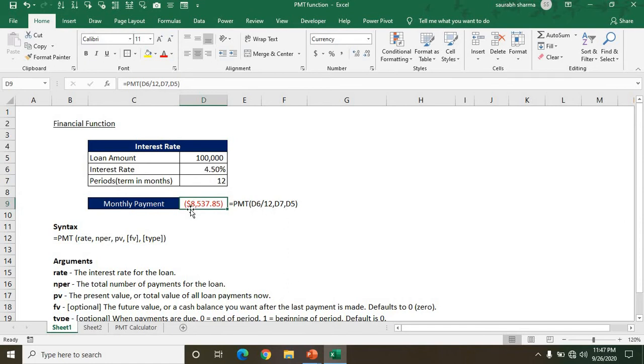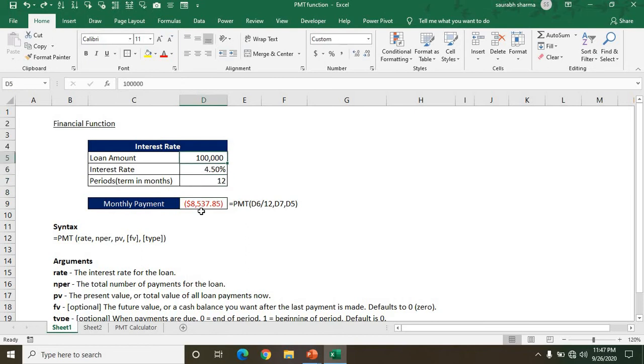They always show this amount in red or with a minus, because the amount is going out of your pocket. That's the reason they show the minus. Now I converted it into the journal form, and you can see the minus above in the PMT function.